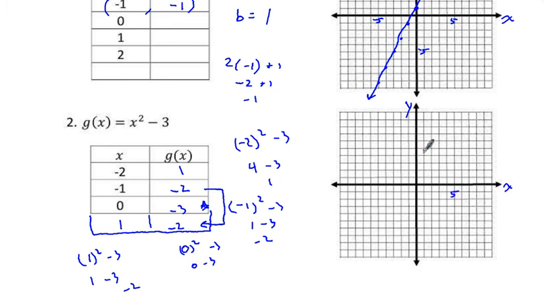Let me go ahead and label the axes and our scale. So 0, negative 3 is going to be the vertex, and you can see that at negative 1, negative 2, or at 1, negative 2.